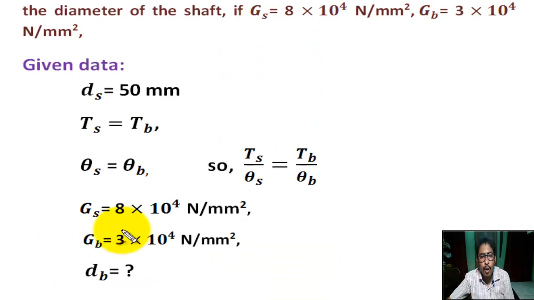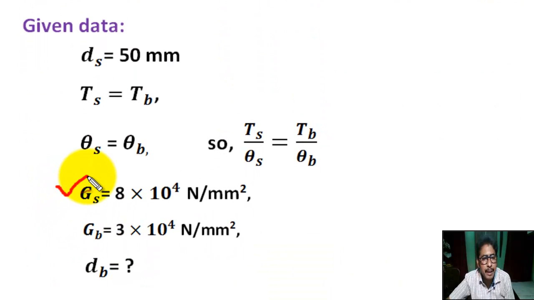Also given GS, modulus of rigidity of steel shaft, equal to 8 into 10 to the power 4 Newton per millimeter square.